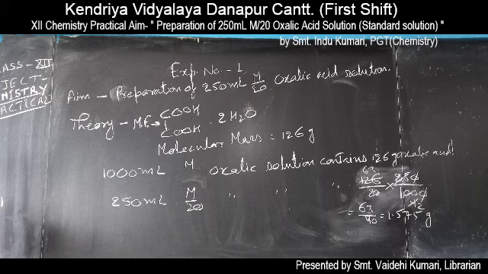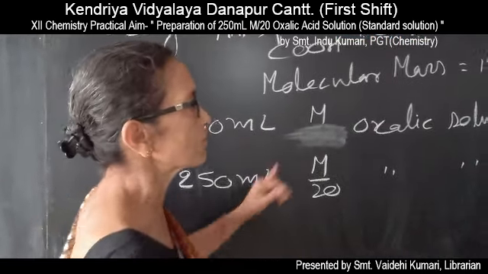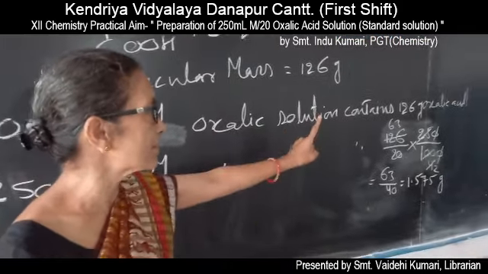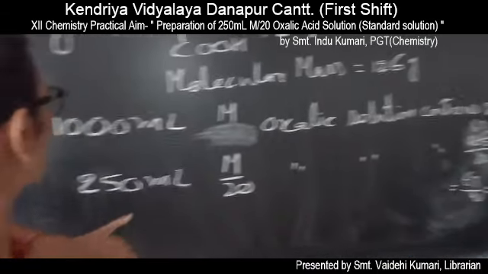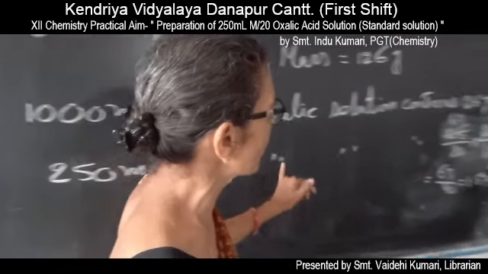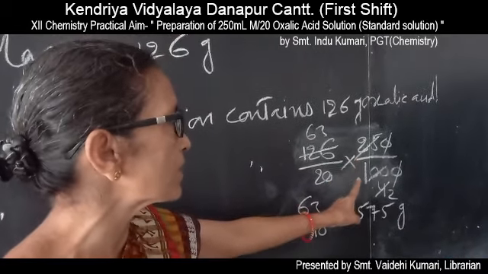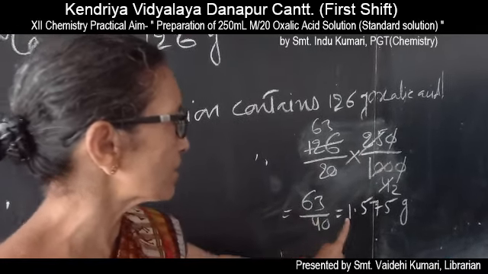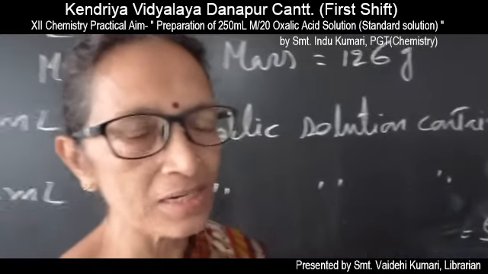This means 1000 milliliter M oxalic acid solution contains 126 gram oxalic acid. So, 250 milliliter M by 20 oxalic acid solution contains 126 by 20 into 250 by 1000. This will come 1.575 gram. This is the exact value.